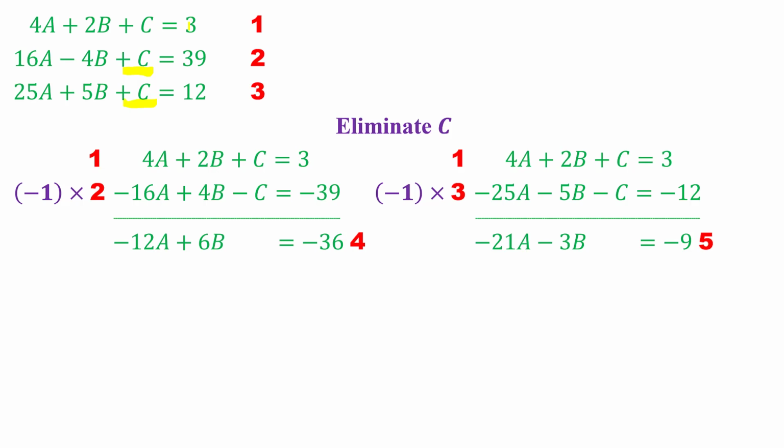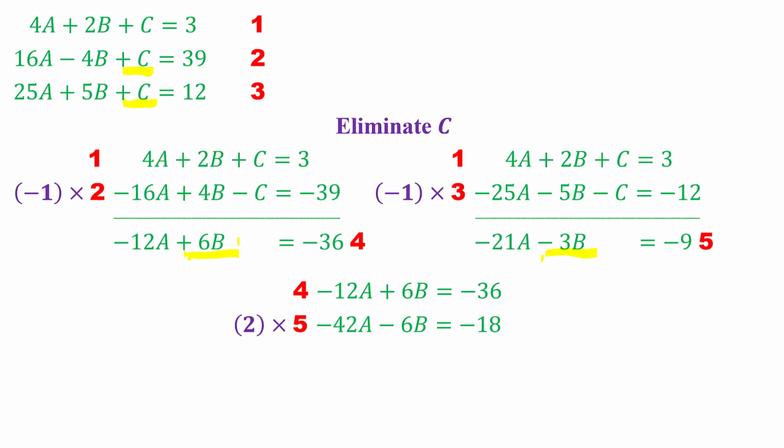Okay, so let's move on. And from equations 4 and 5, I'm going to choose to eliminate b next. And so I'll need to multiply equation 5 by 2, so that when I add these equations together, the b terms add to 0. So we have equation 4, which is -12a + 6b = -36.